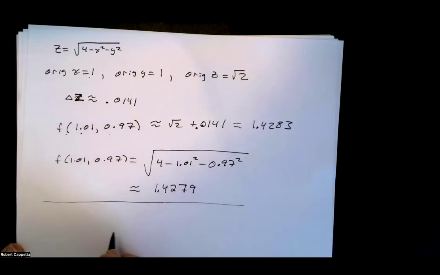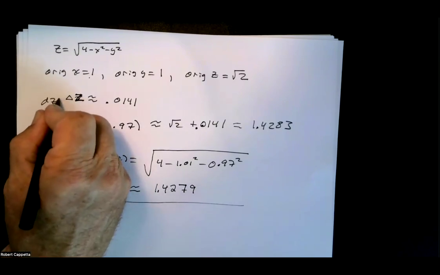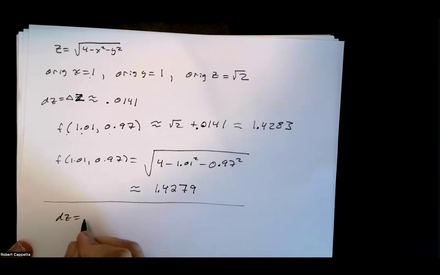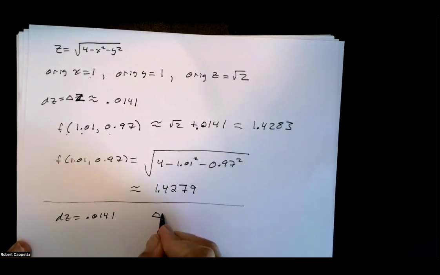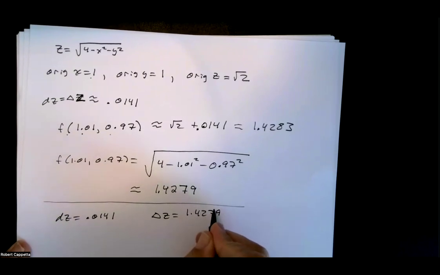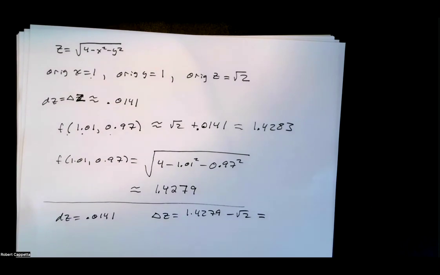So again, my dz, that was my predicted value. So dz, we said let's use as our predicted value for change in z. dz gave us 0.0141. Change in z really is 1.4279, that was the actual value, minus the square root of 2, which is how much? 0.0137.